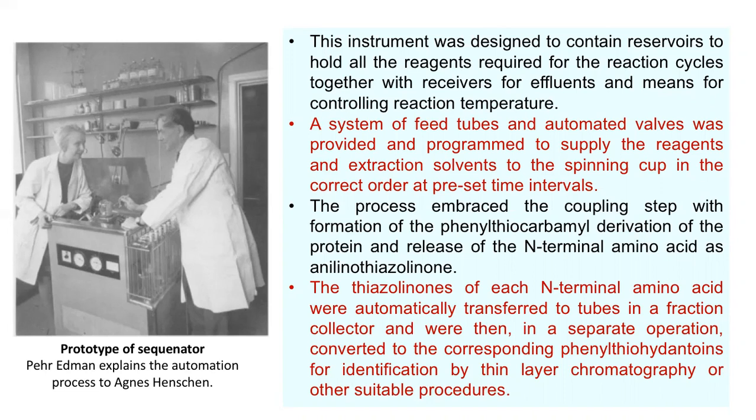The process embraced the coupling step with formation of the phenyl thiocarbamyl derivative of the protein and the release of the N-terminal amino acid as anilino-thiazolinone. And these thiazolinones of N-terminal amino acids were automatically transferred to the tubes in a fraction collector and then fed into the chromatography system or other suitable procedures, maybe coupled with mass spectrometry also.